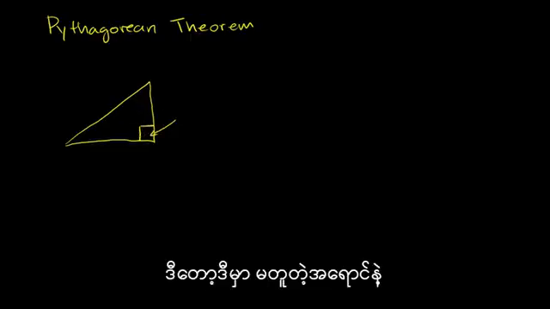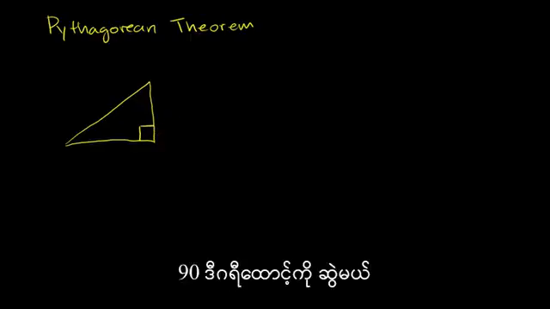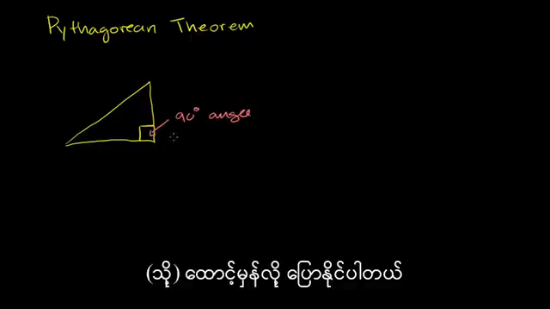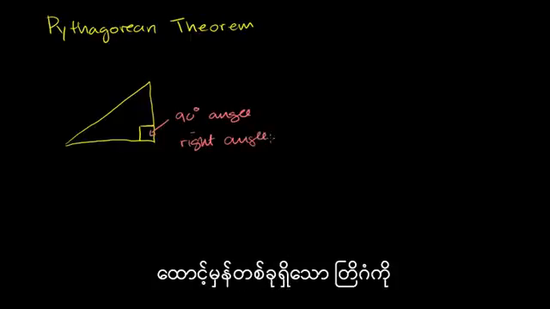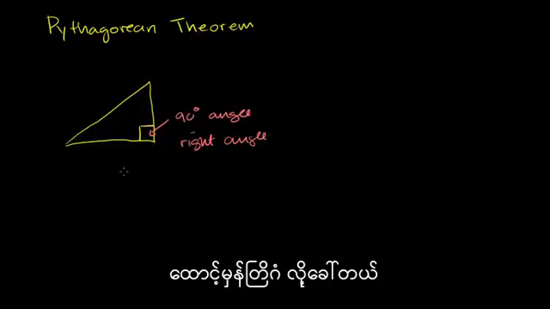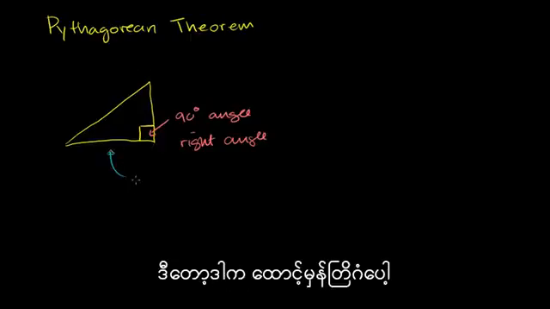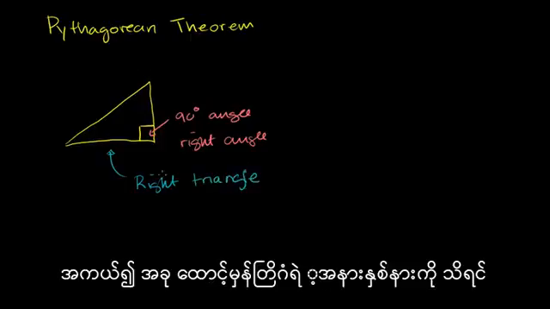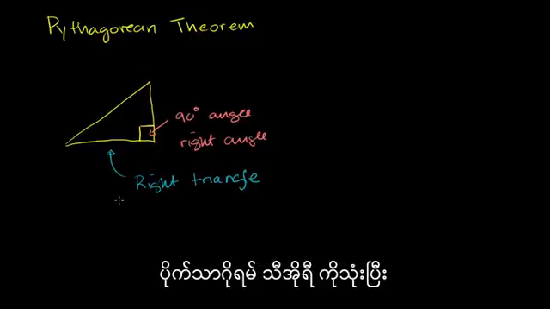That right there is a 90 degree angle, or we could call it a right angle. And a triangle that has a right angle in it is called a right triangle.